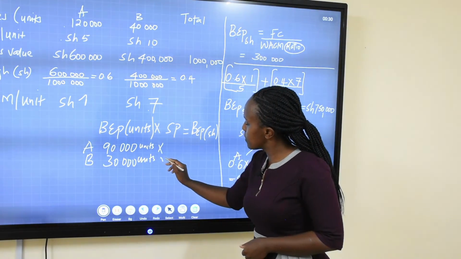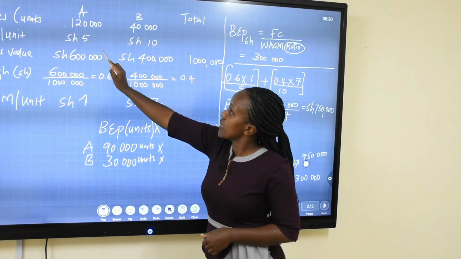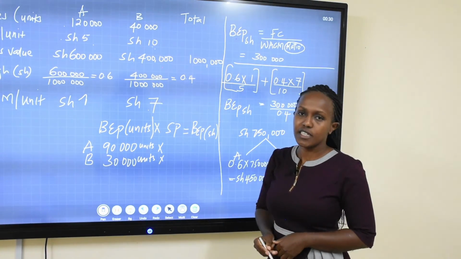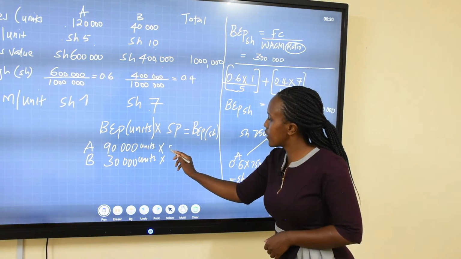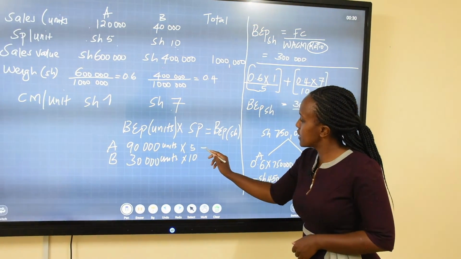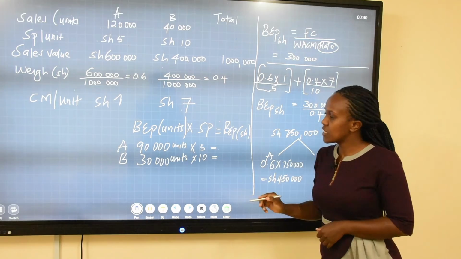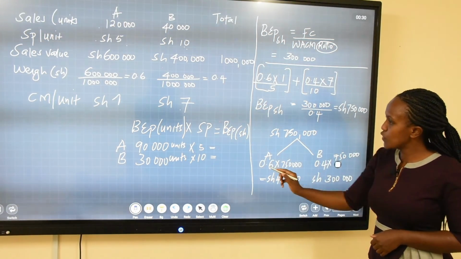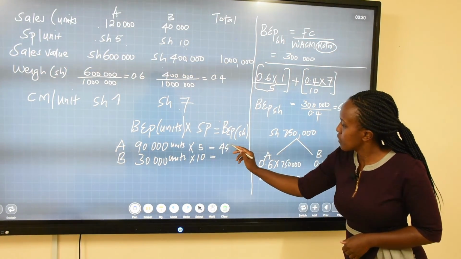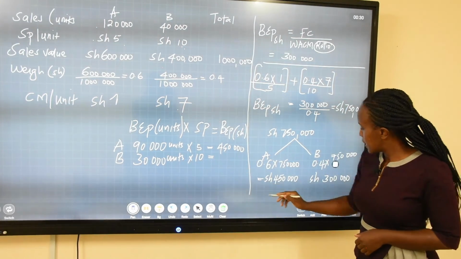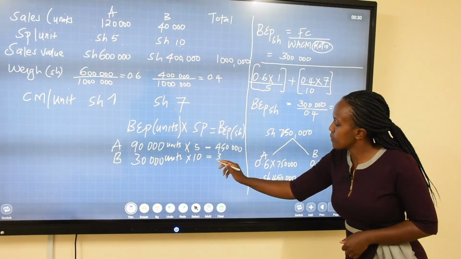If we multiply by their selling prices, selling price of 5 and selling price of 10, we can get BEP in shillings, which is here as 450,000, and here 300,000.